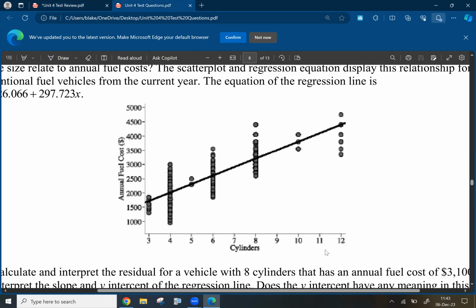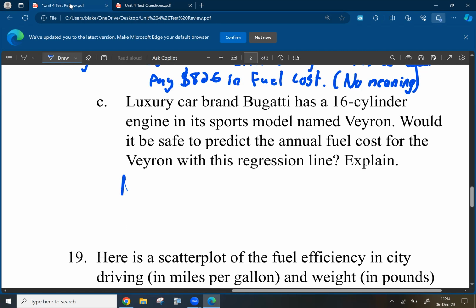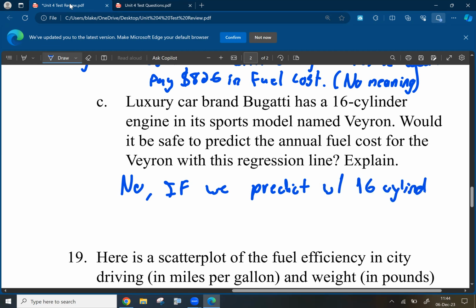This graph goes from 3 to 12, and we're looking to do 16. 16 would be way out here, which is extrapolating, and so no. So no, if we predict 16, we are extrapolating, which is not reliable.